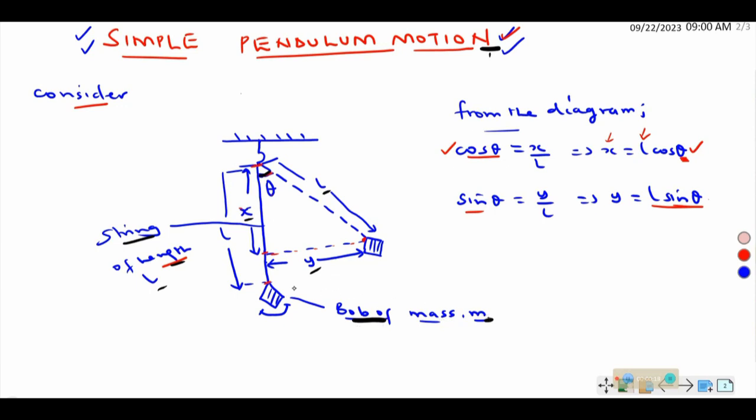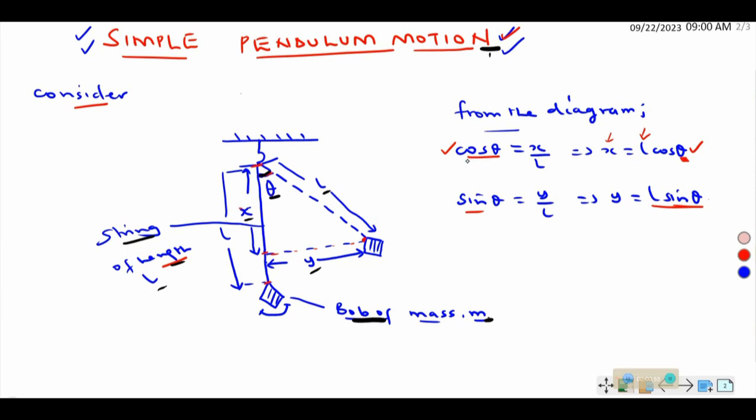mass m. So we shall give this bob a displacement through a given angle, that is angle theta. Now we have angle theta, then the respective distances, that is the horizontal distance, which is x, and the vertical distance, which will be y. Now this theta can be easily related with x, y, and L by using the trig functions.